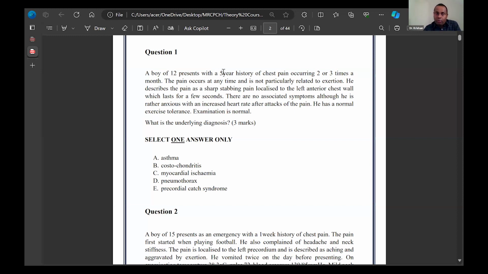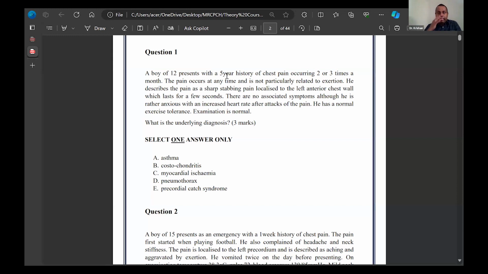Say instead of 5 years, if they say 5 days history of chest pain, with associated exercise intolerance, and sharp stabbing type, then somebody might have to think about myocardial ischemia.